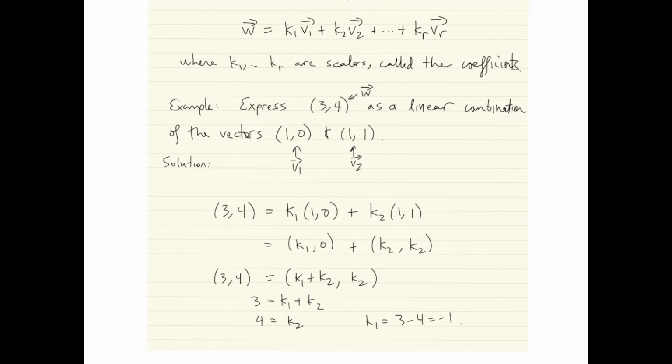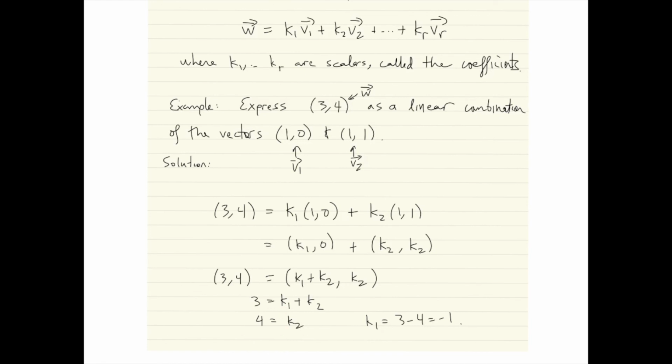Now we have to add these two vectors. Vector addition is done component-wise, so k1 plus k2 is the first component, and k2 is the second component. And so this vector has to equal the vector on the left-hand side. Two vectors are equal if and only if their respective components are equal. And so 3 has to equal k1 plus k2, and 4 has to equal k2.